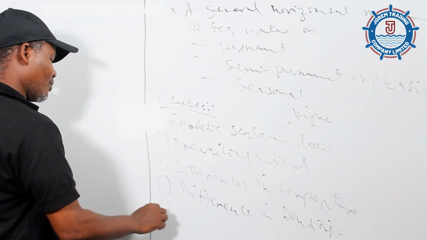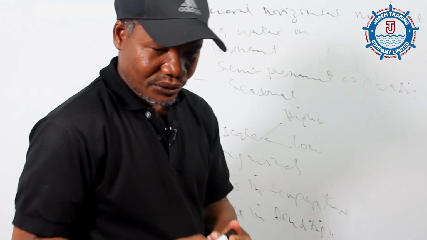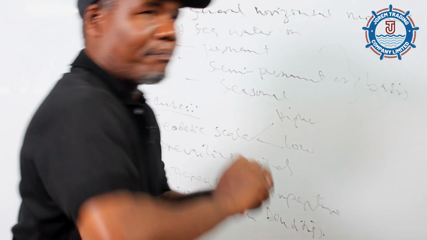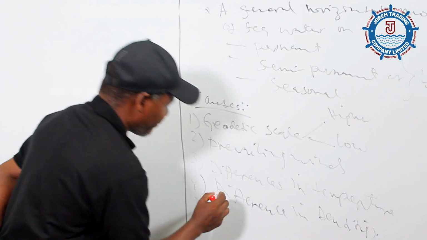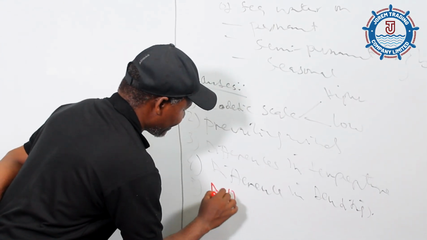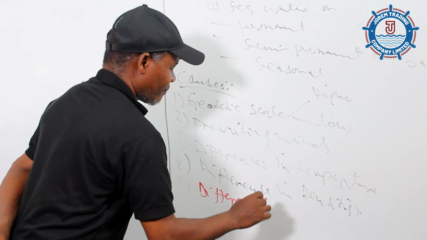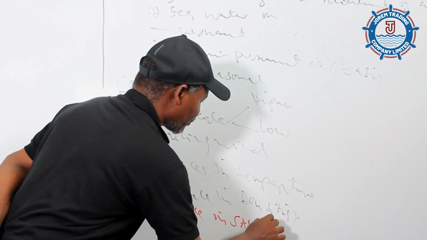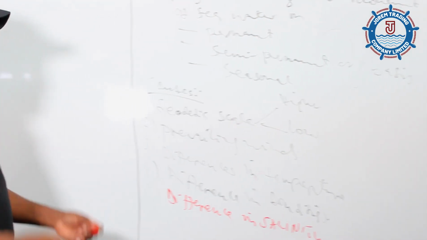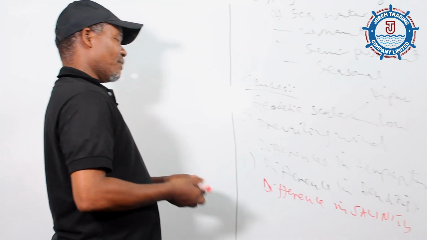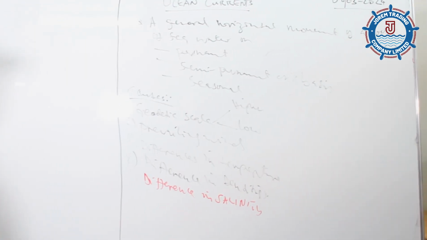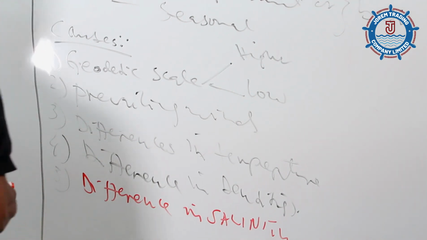And of course we also have difference in salinity. Salinity is the amount of salt in seawater. Difference in salinities means the one with higher salinity will be denser than the one with the lower salinity.